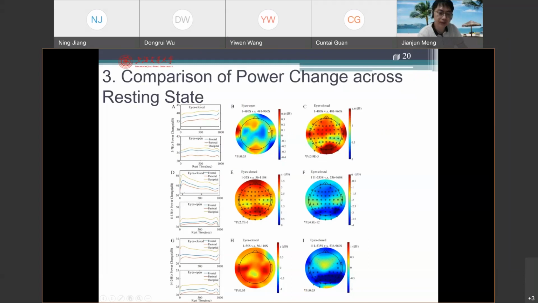During the eyes closed rest, an increasing tendency was found in the first 110 seconds, while the last 850 seconds had a decreasing trend for this alpha band power. And also we found statistical significance for this analysis.